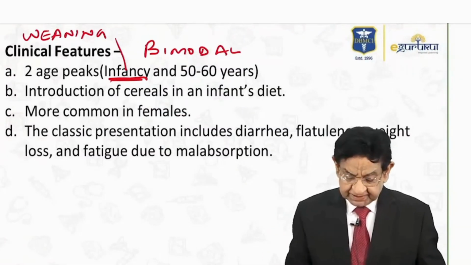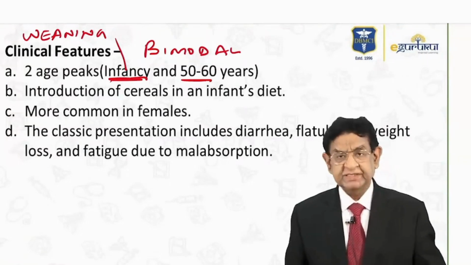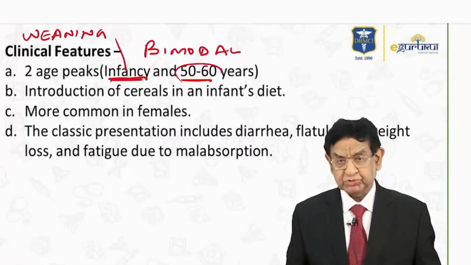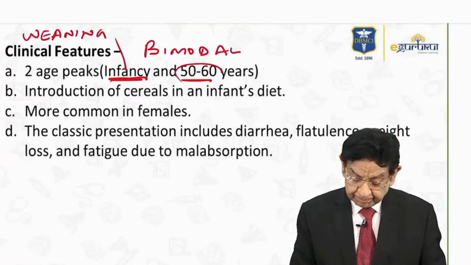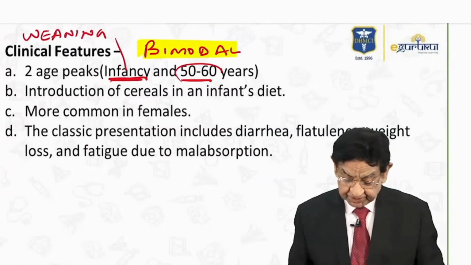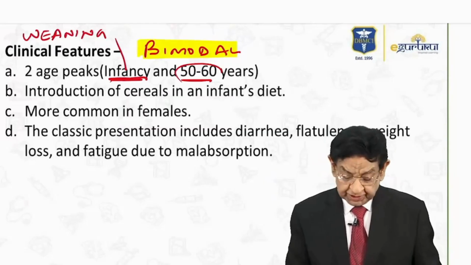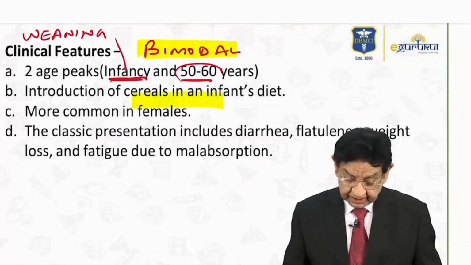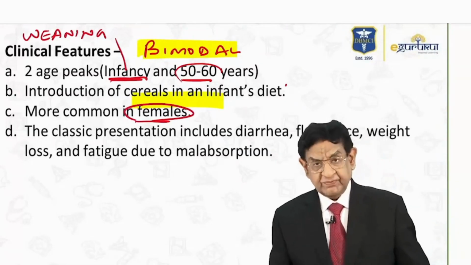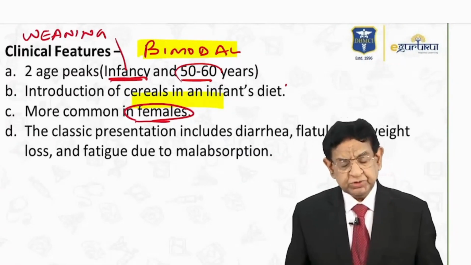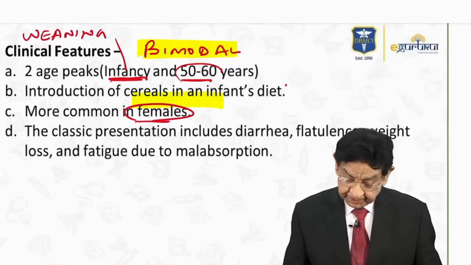But there is a second peak, again at 50 to 60 years, and this is not known to most of the students. The keyword to remember here is weaning, bimodal presentation, the first keyword. And as I told you, introduction of the cereals in the infant diet, it is more in females. In fact, autoimmune diseases are usually more common in females.